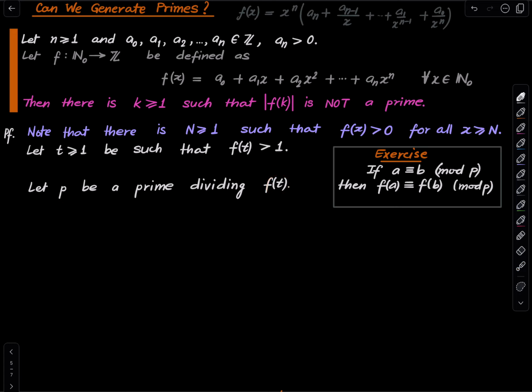And now define x naught as t times p plus 1.